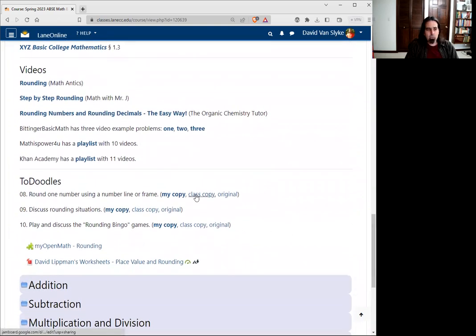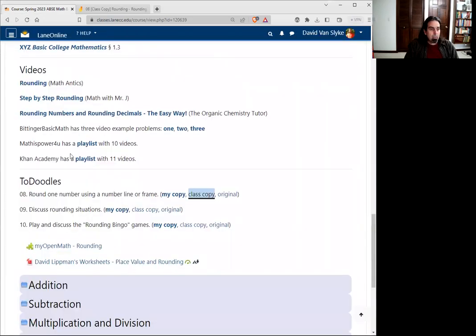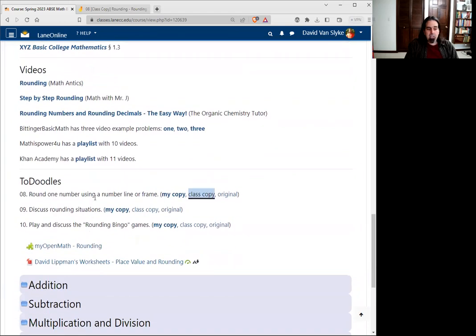But for now, let's start. I will open this and put the link in chat, like always, and then we can all join in. For rounding and estimating, we only have 3. We might just get done with this whole topic today.